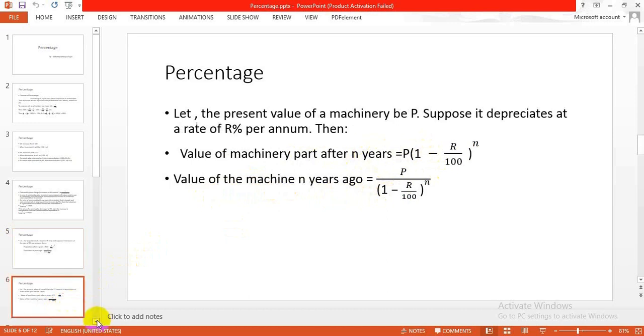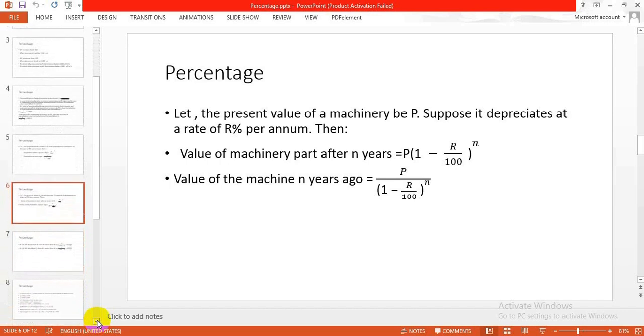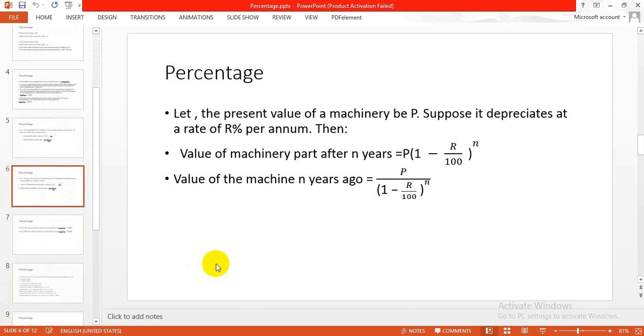Now this is a case of depreciation. Let the present value of a machinery part be P. Suppose it depreciates at a rate of R% per annum. Then the value of the machinery part after n years is equal to P into 1 minus R by 100 whole to the power n.